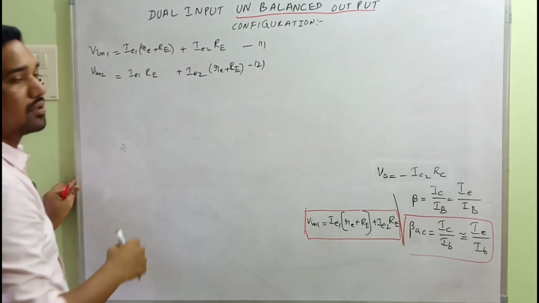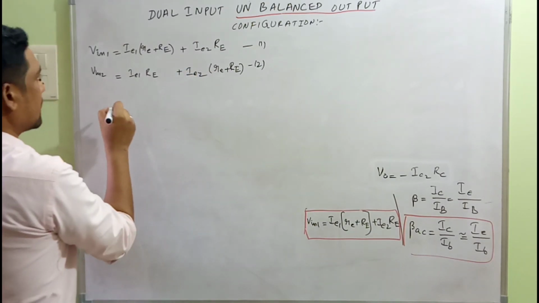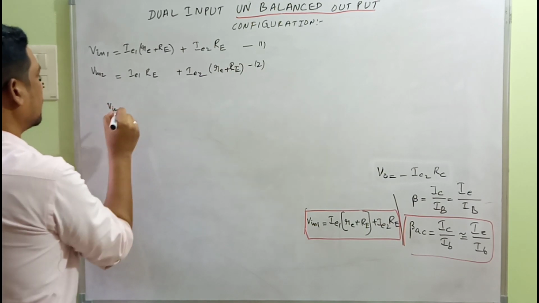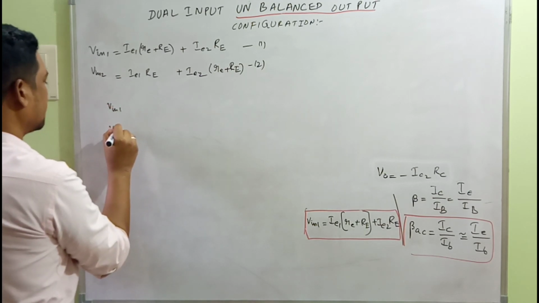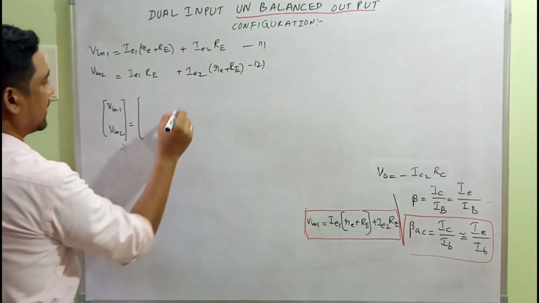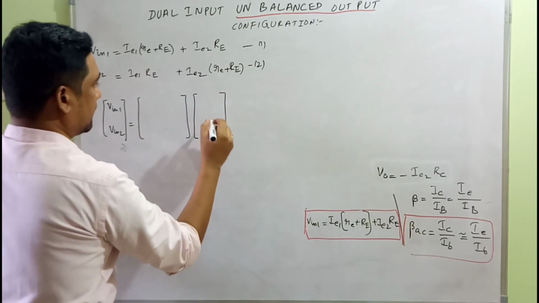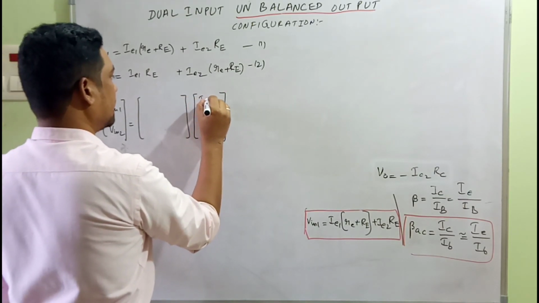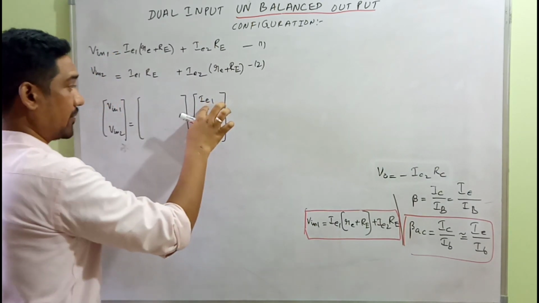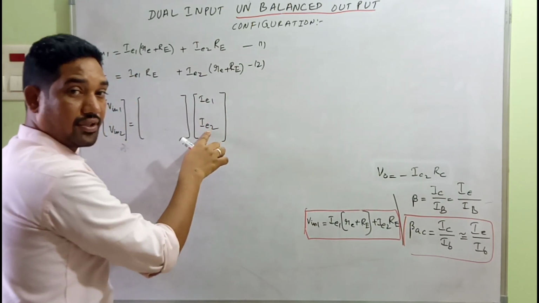Guys, this could be put in a matrix form. How to put these two equations in a matrix form? This is how. So here Vin1 and Vin2 will be equal to what? The resistances are over here, and two currents over here. We have the first current IE1 and this will be IE2.